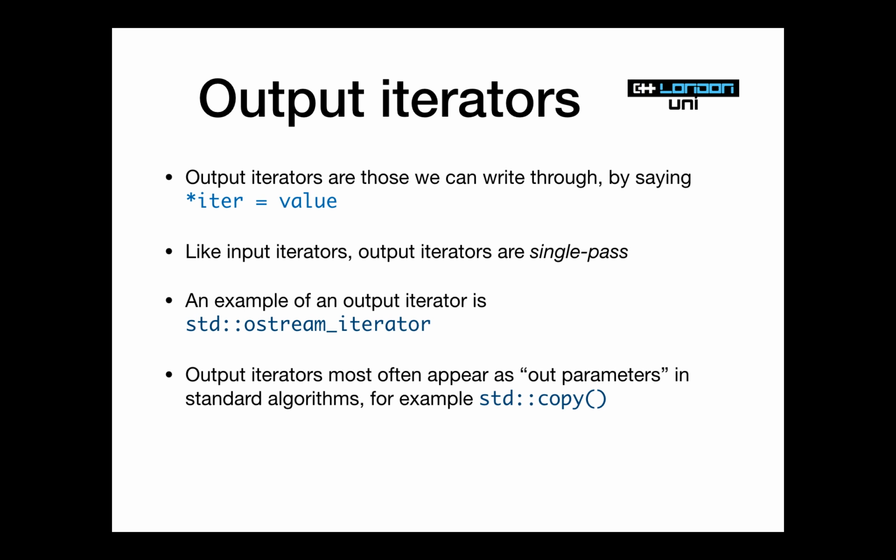You give std::copy the start of the source range, the end of the source range, and you give it an output iterator which represents the start of the destination range. And indeed, for std::copy, again, it's single pass, so the first two arguments must be input iterators, and the last argument is an output iterator.